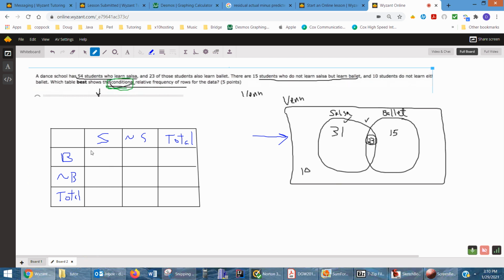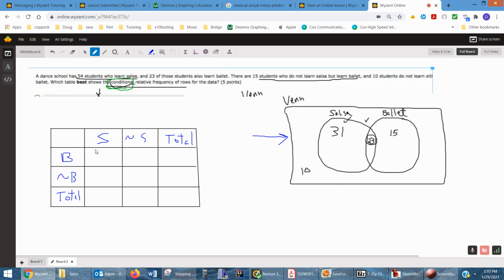So in the upper left-hand corner of each of these boxes, and by the way, these four boxes right here are called joint relative frequency, and the ones on the outside are marginal relative frequency, and you can use the values that we get in here to compute conditional relative frequency.